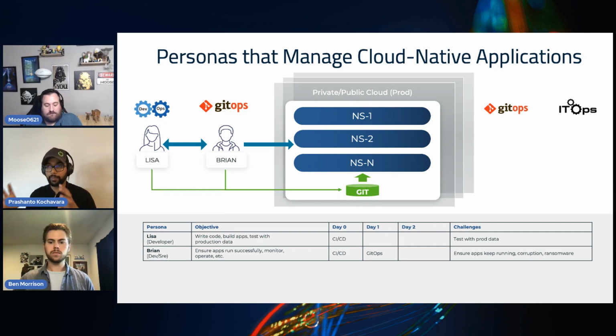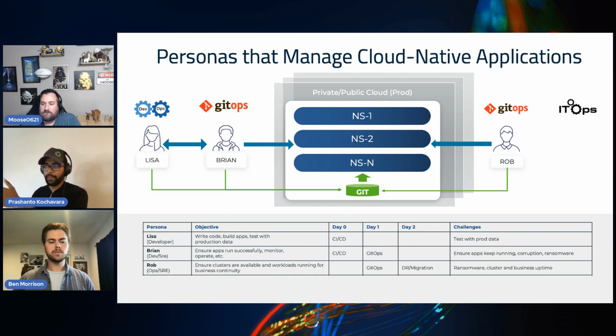And again, the main thing that Brian is concerned about is making sure that when he launches this application in production, it is successful and he doesn't have to keep retweaking and rehashing and fixing issues that could have been caught beforehand.